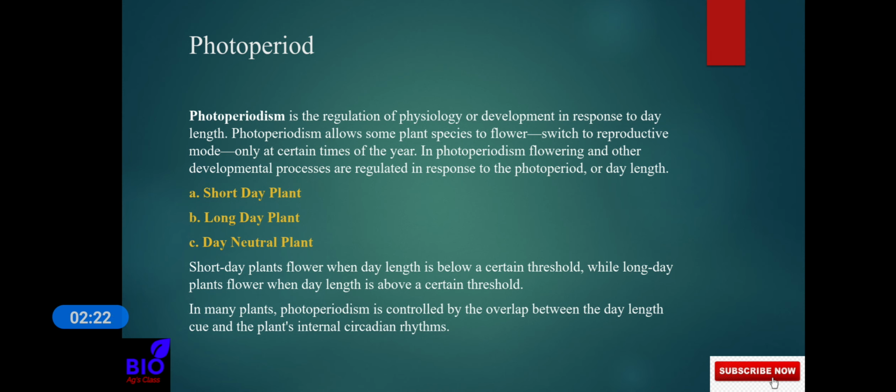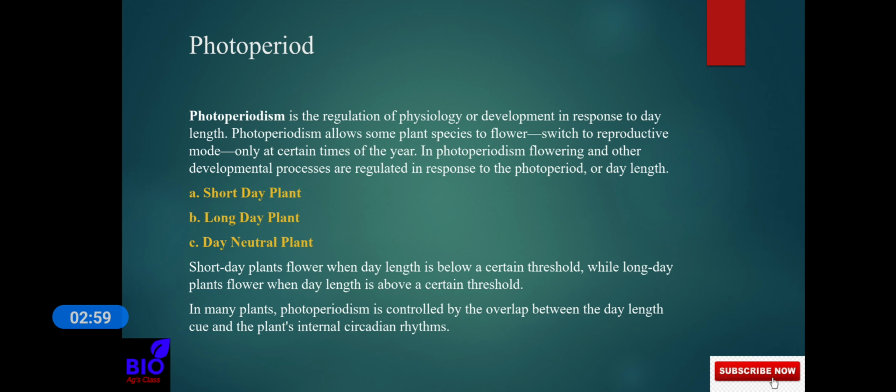Some plants require particular day or night lengths in order to flower, that is, to transition to the reproductive phase of their life cycle.